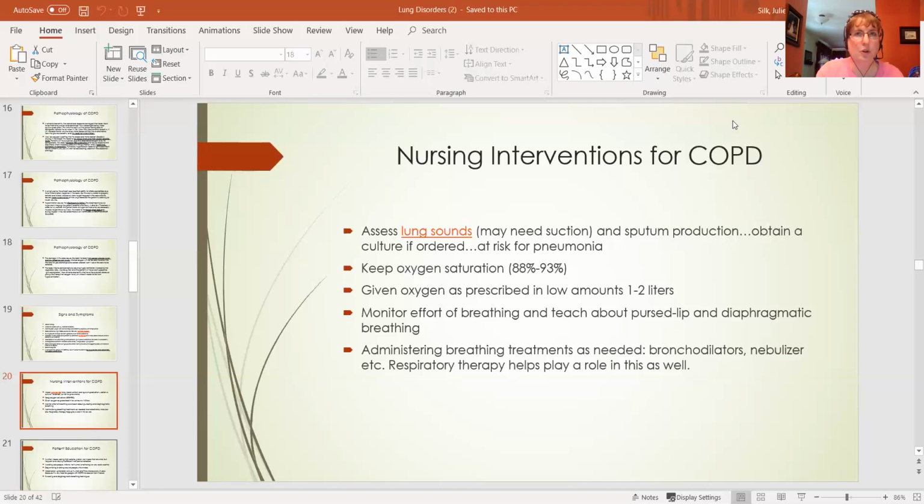And then there's an older medicine that you may remember from pharm, I'm not sure, but theophylline is a medicine that we used to use a long time ago, a lot more than we do now. Theophylline is a pill that you take, and I want to say they take it twice a day.